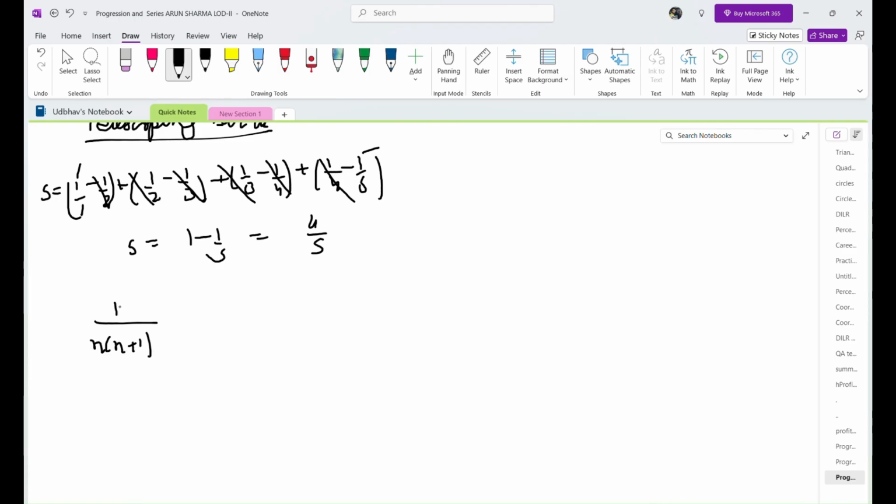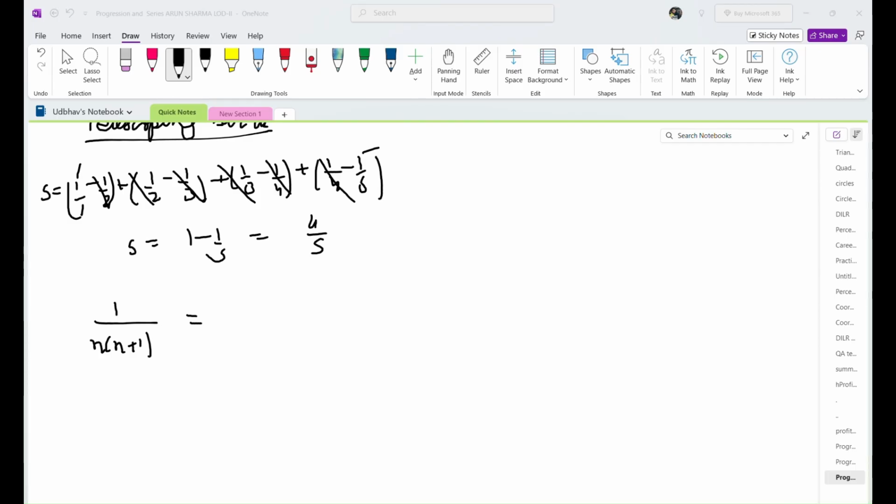That is, something, most probably 1, is in the numerator, and in the denominator it is a number multiplied by a number which is 1 more than that, like 1 into 2, or 2 into 3. Why such a general term? Because we can break this term into something special.